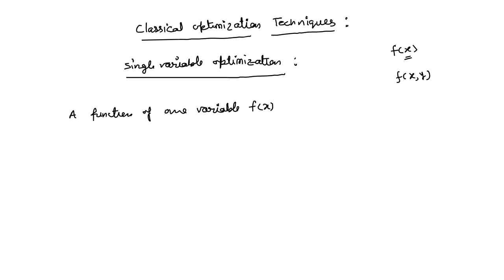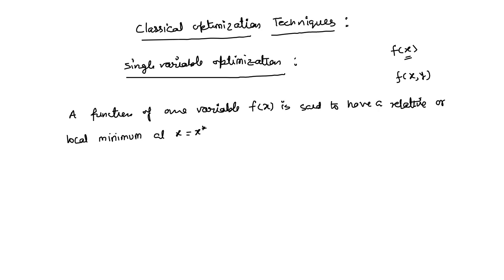So we define a function of one variable. f(x) is said to have a relative or local minimum at a particular point. We consider x equal to x naught, or x equal to x star.